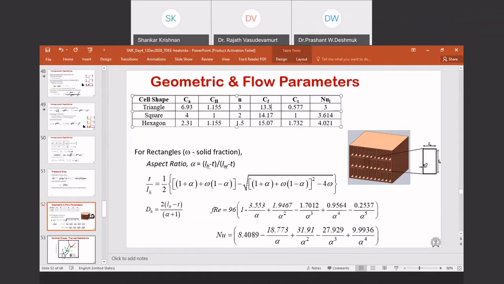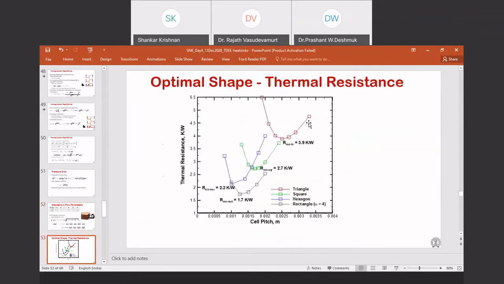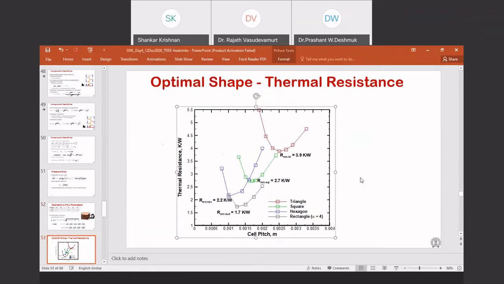So finally, if I compare all these ducts, you can see that triangle, this is for a fixed pressure drop of 10 pascals. So if I fix my overall pressure drop across that heatsink to be 10 pascals, this is what I get. So the triangle shape has the highest thermal resistance, even though there is an optima that exists for the triangle shape itself.